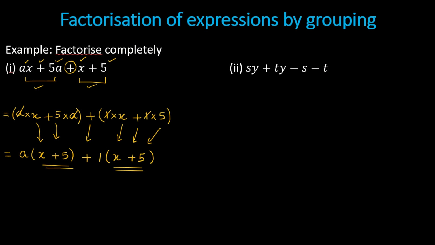Okay, as you can see, now this is a situation of compound factors, which we have already explained in the previous session. X plus 5 is appearing twice, so meaning it is common. So we have to remove x plus 5 outside the pair of brackets because it is common, right? X plus 5 is common, so we have removed it outside the bracket here.